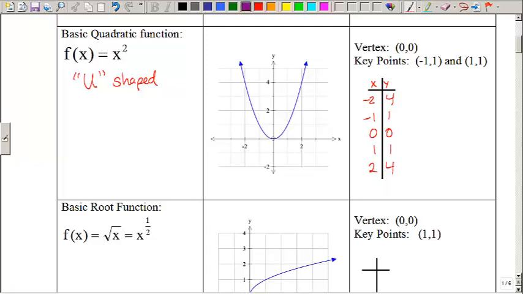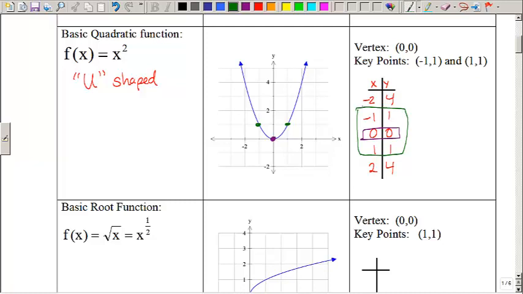Notice that my vertex 0, 0 is right here, and my key points are 1, 1, and negative 1, 1. Again, the only ones that you have to memorize are your key points and your vertex.